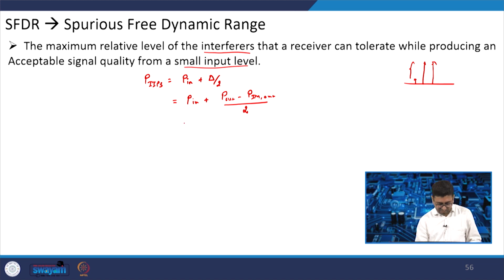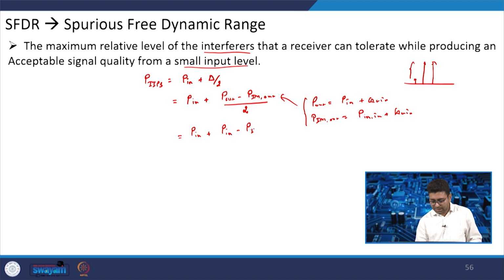We can also consider P out, which is equal to P in plus gain, and P IM out equal to P IM in plus gain. If we put this in this equation, we can write the same equation: P in plus P in minus P IM in by 2.